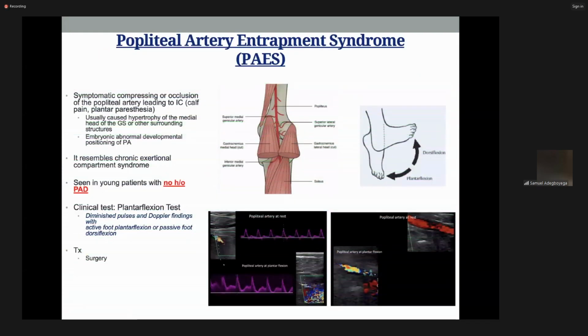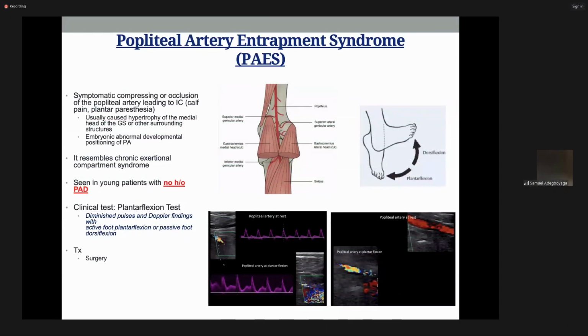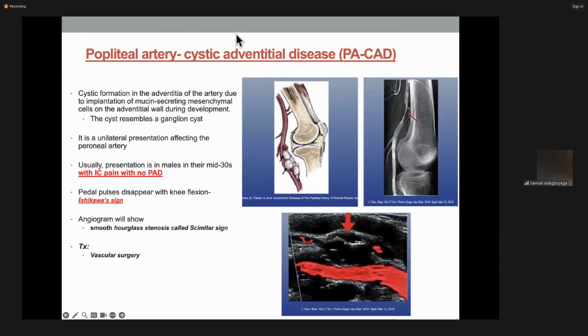What's also very important here is that this could also lead to intermittent claudication in young people, but it's not the same thing as your PACAD. With this, when you dorsiflex or plantarflex, you could get an occlusion or diminished flow of the vessel, whereas with PACAD it's the knee you're flexing.